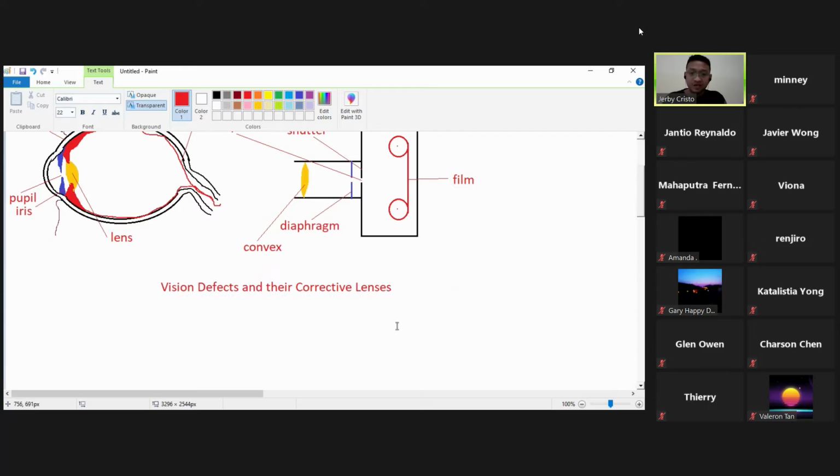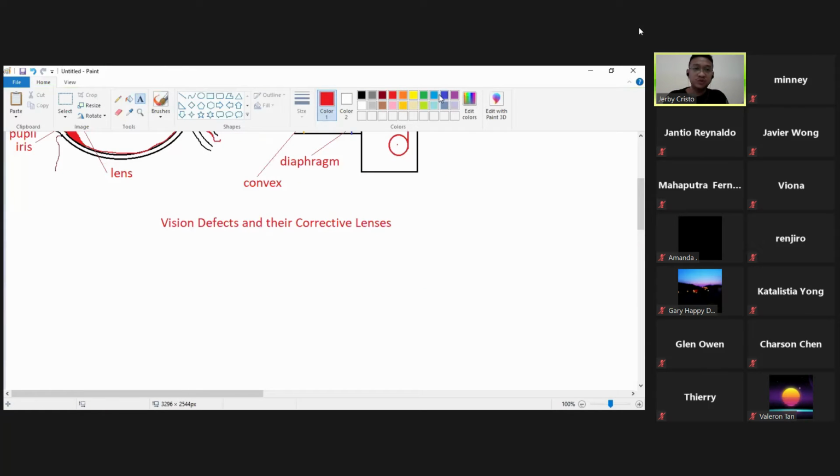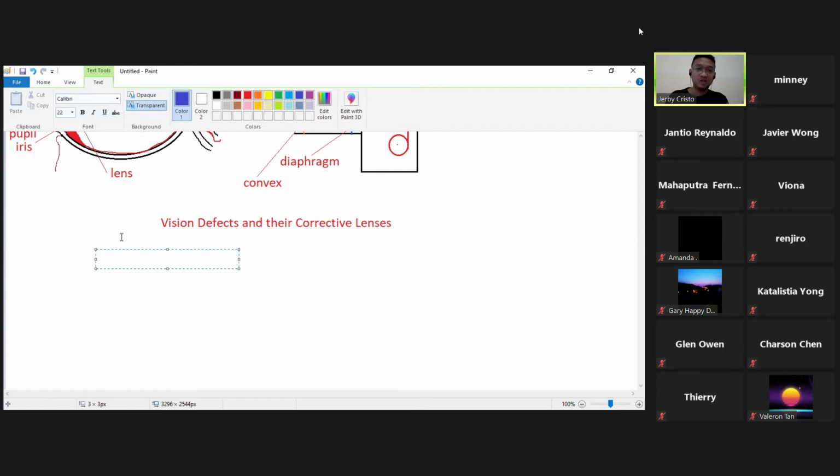Okay, so there are two most common vision defects that I will introduce, but there are lots of them like cataract, astigmatism. Okay, but I will introduce the most common, which requires glasses in order to correct, so lenses or contacts. Okay, so the first is what we call myopia.